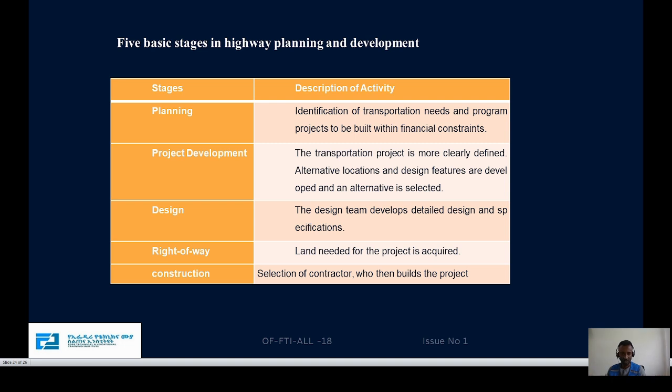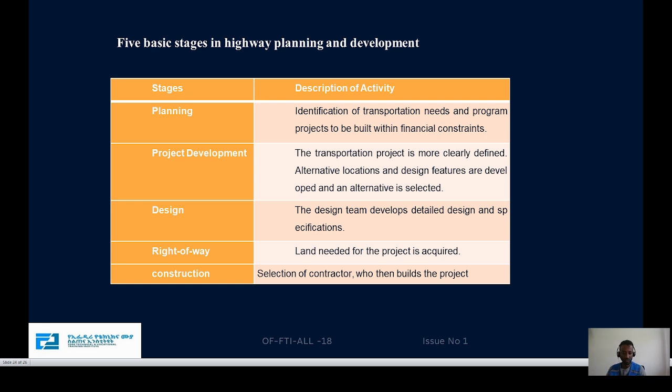The first is adding one lane, or widening the lanes. We could replace intersections, from roundabouts to signals. Also we could construct new roads, alternative roads. From these alternatives only one will be selected, for example adding the lane.